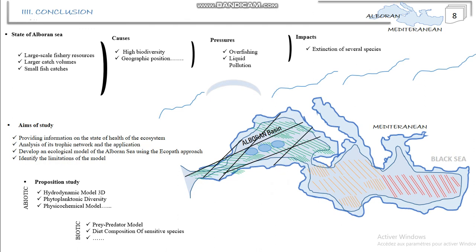And this liquid pollution is due to the maritime transport that we have in this Alboran Sea. So from all of that, we can say that the results of our model were approximate to the real situation in our ecosystem.